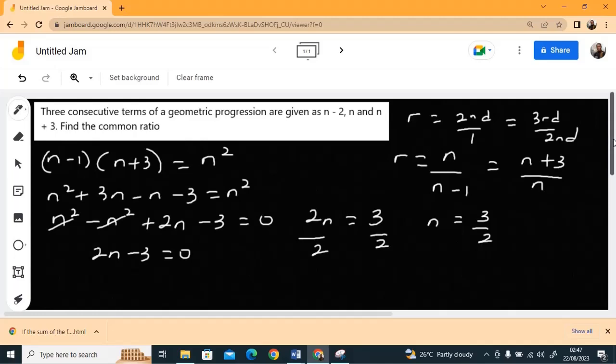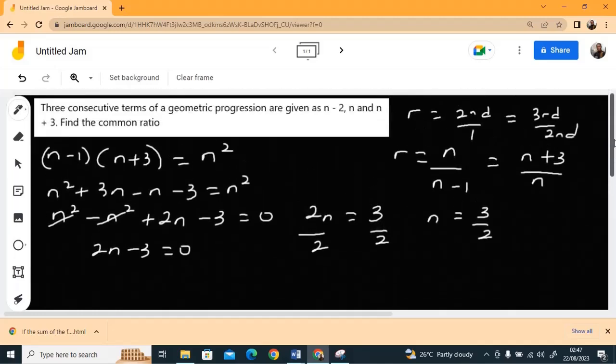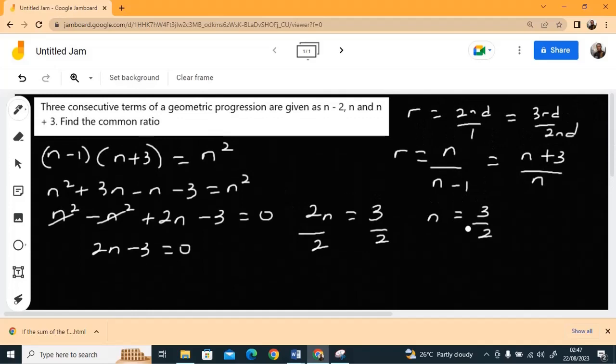So to get the common ratio, I can use any of them. Since my n is now 3 over 2, I want to use the second term over the first term. n minus 2 will be 3 over 2 minus 2 over 1.